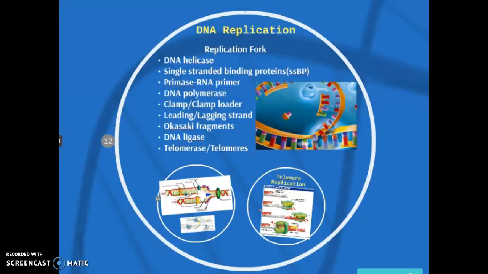The leading strand needs only one RNA primer, whereas the lagging strand needs many. That is because of the continuation of the leading strand and the segmentation of the lagging strand. So each segment needs a new RNA primer.